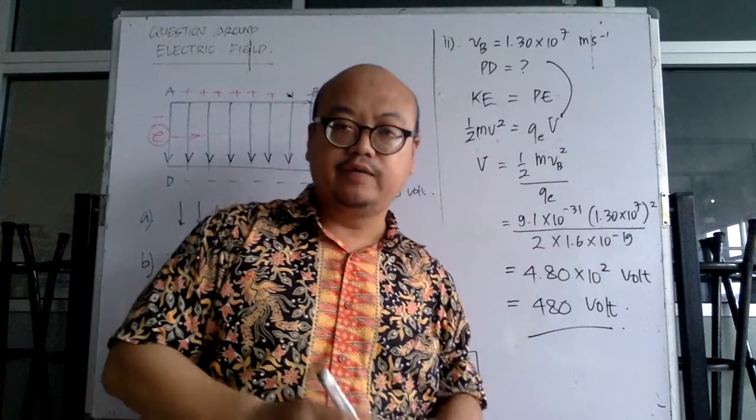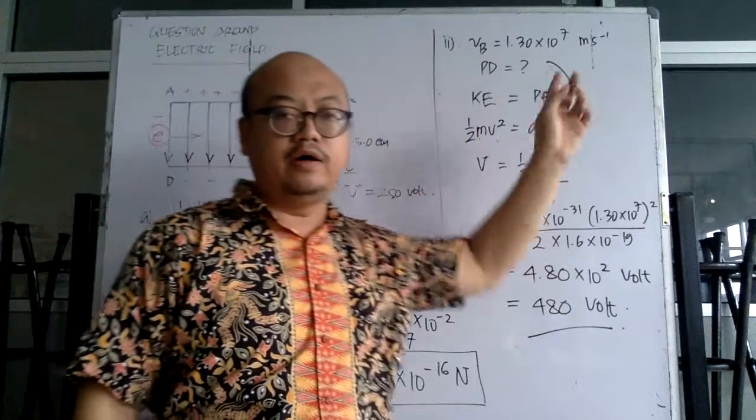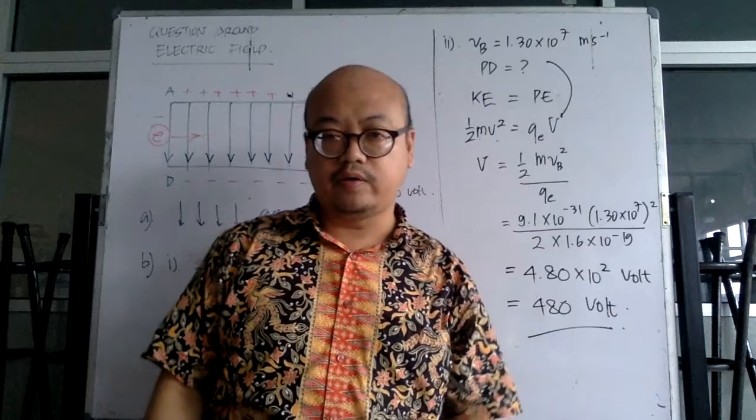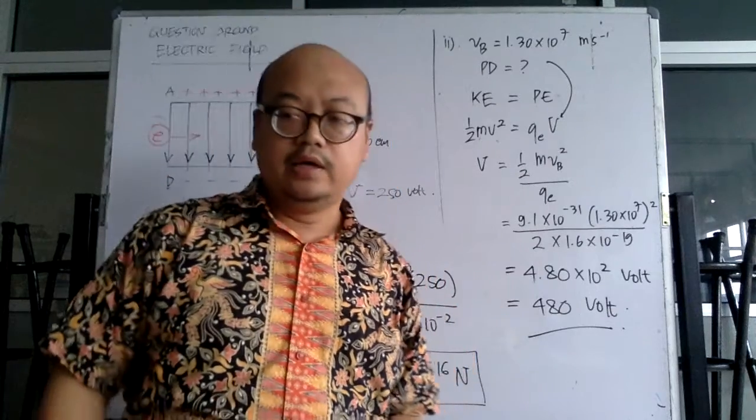This is the potential difference if the electron moves to point B at 1.30 times 10 to the power of 7 meters per second.